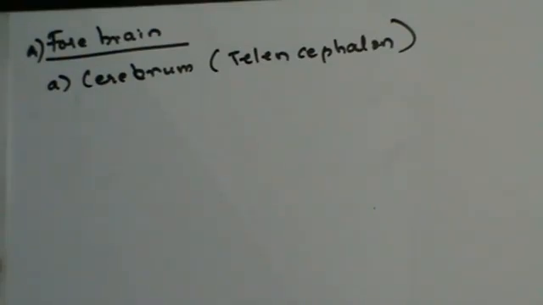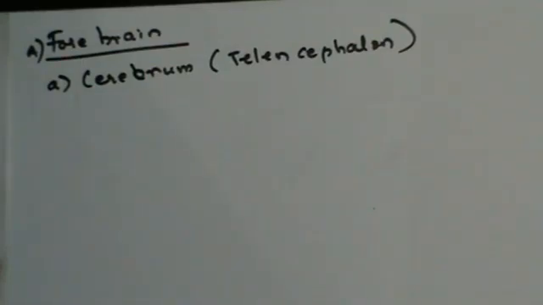Now the cerebral cortex is highly folded to form ridges and depressions. The ridges are called gyri and the depressions are called sulci. The gyri increase the surface area of the cerebral cortex. So these are those depressions and these are those ridges, right?